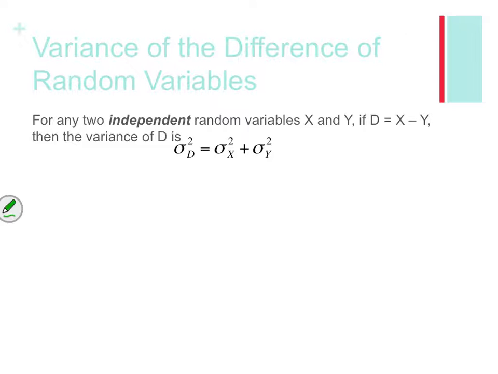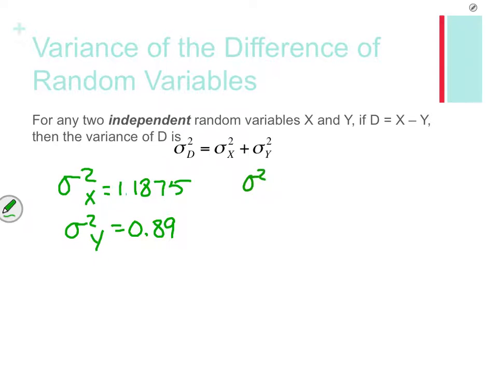So the variance for our x was 1.1875, and the variance for y was 0.89. The difference between these is not how you find it. Instead, despite the fact that we are subtracting, we still are going to be adding these.